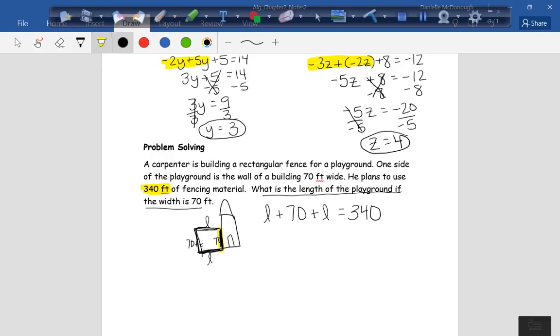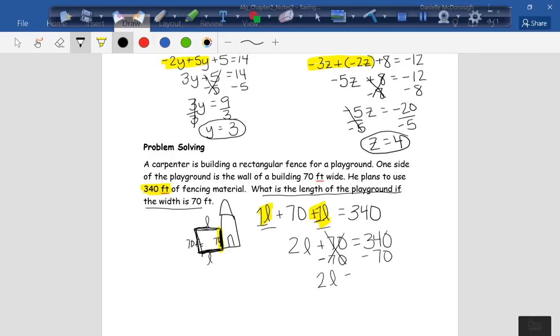So if you look here, do I have some like terms to combine? And remember, when there's no number in front, it's like saying 1L. So if I have 1L plus 1L, that's 2L plus 70 equals 340. And so now to solve this, I'm going to subtract 70 on both sides.